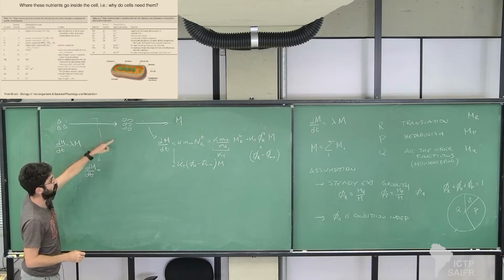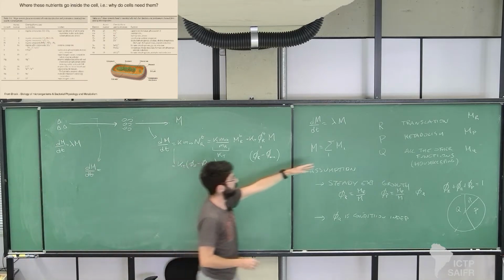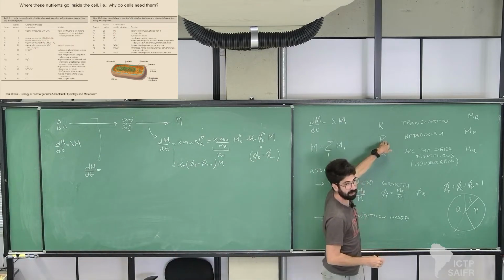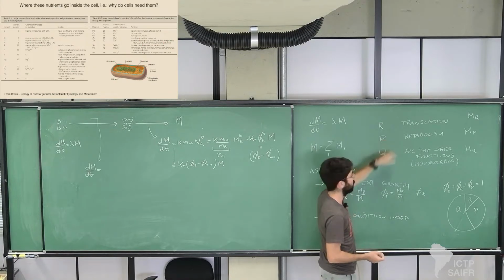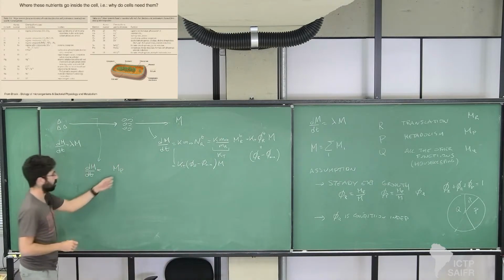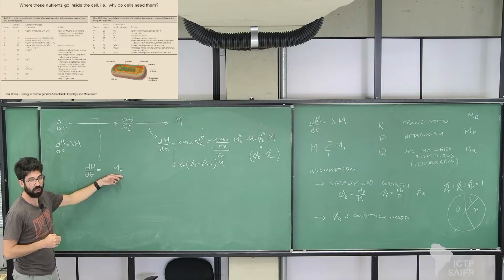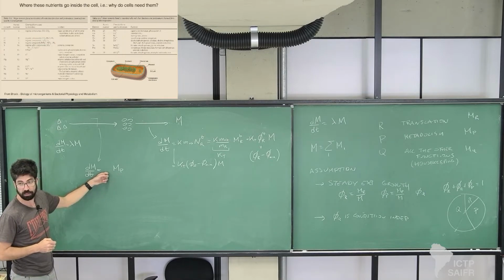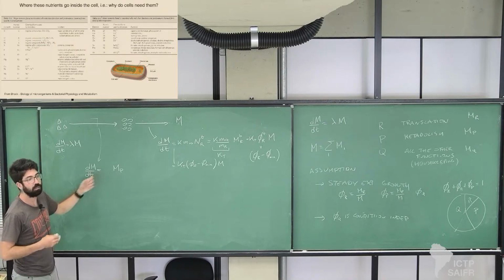How big is the p sector, the sector devoted to metabolism? So it's mp. How much is allocated through that, times the quality of the nutrients.